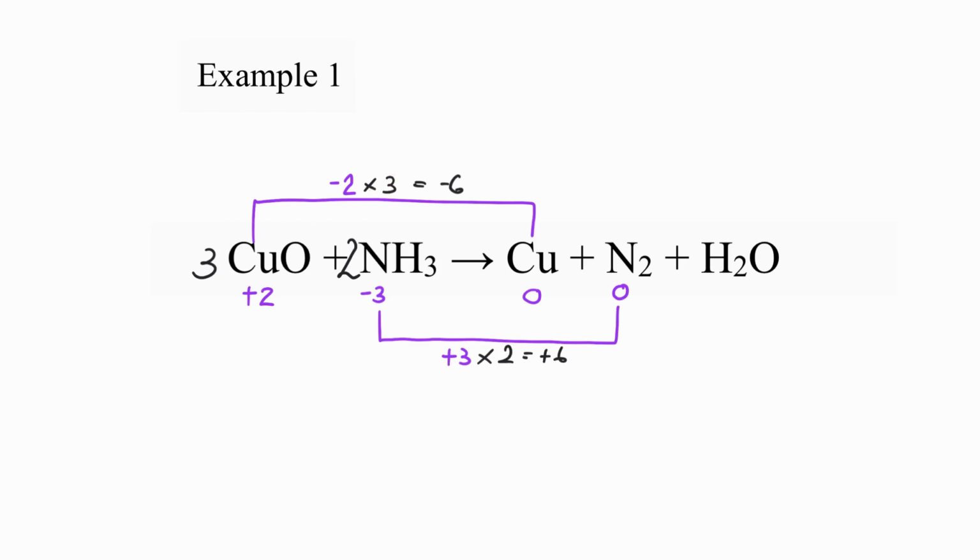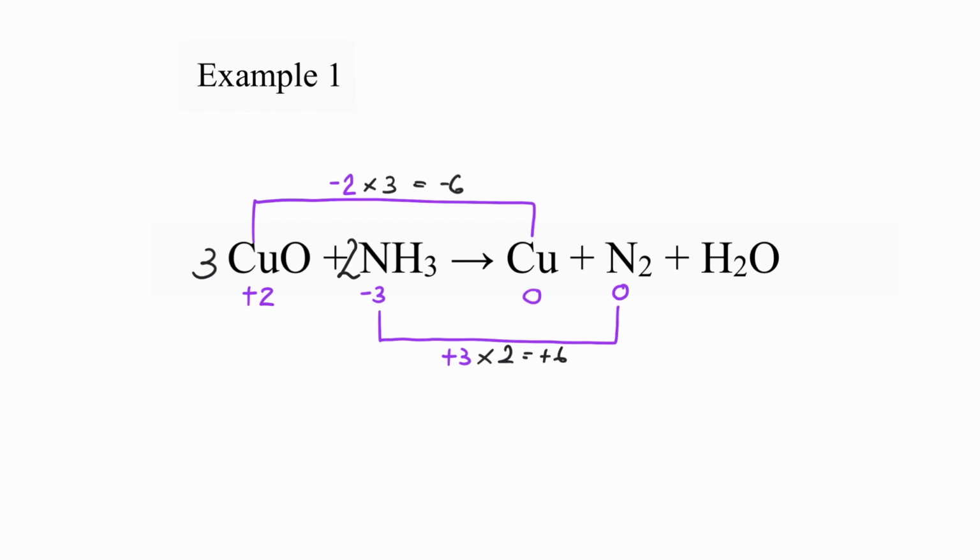We could see the oxidation number is balanced. We see here 3 times +2 is +6, and 2 multiplied by -3 is -6. So +6 and -6 overall here, we have 0 oxidation number, and it is the same as what we have on the right hand side.